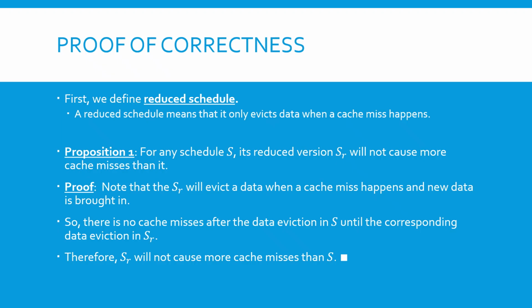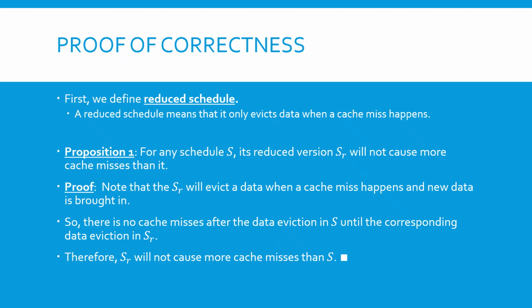Since no cache miss occurs between the original eviction in S and the delayed eviction in SR, delaying the eviction cannot increase the number of cache misses. Therefore, SR incurs no more cache misses than S.